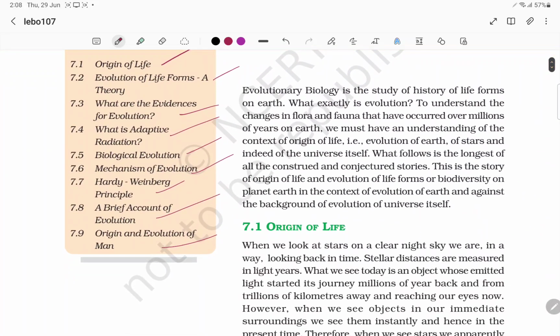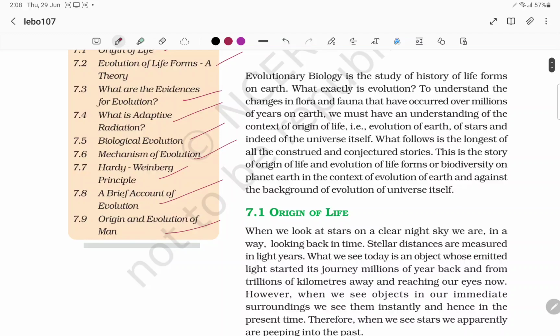And let's talk about evolutionary biology. It is none other than the history of life forms. It is going to tell how the life forms originated on earth, the history of life forms on earth. So the earth was formed 4.5 billion years ago, but the universe was formed 20 billion years ago.